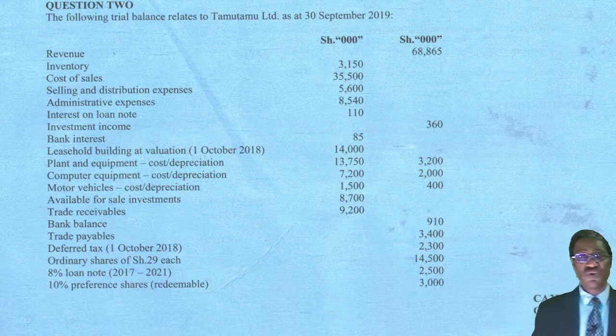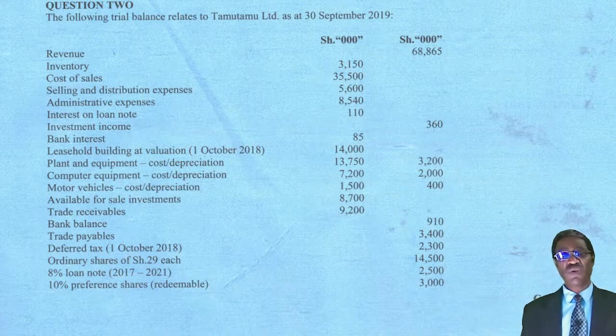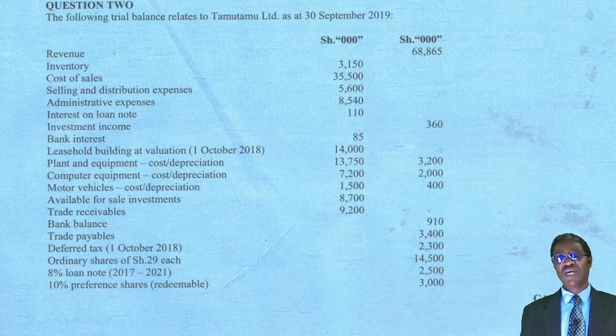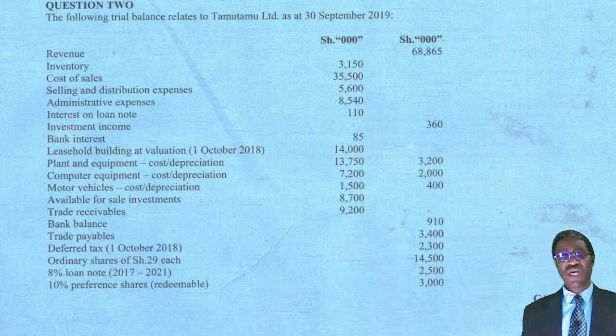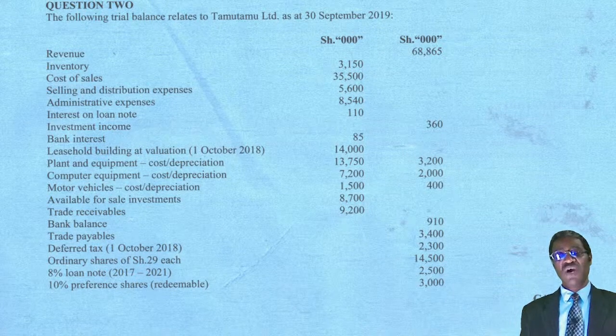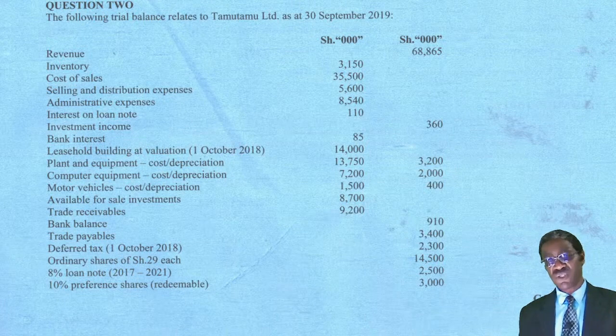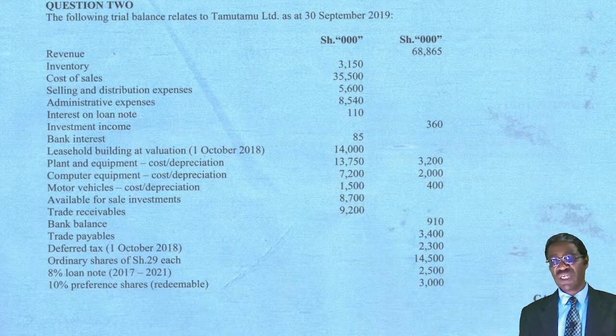Are you there? Good. Then you have the plant and equipment cost and cost stroke depreciation. So you are given one figure for cost, another figure for depreciation, accumulated of course. Then you have computer equipment, cost and depreciation. Motor vehicle, cost and depreciation. Then you have available for sale investment.